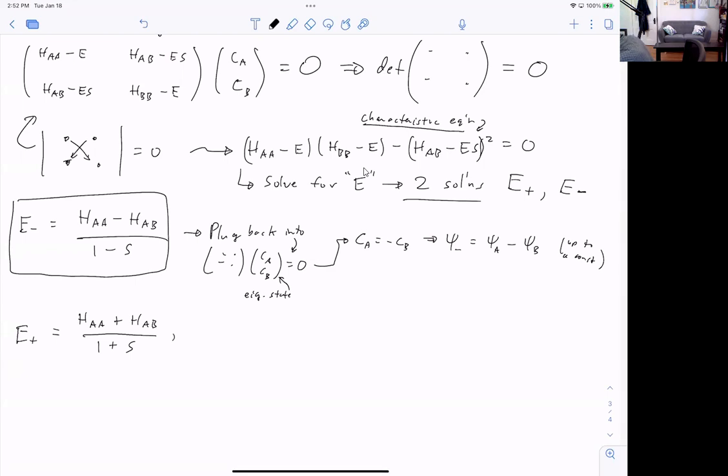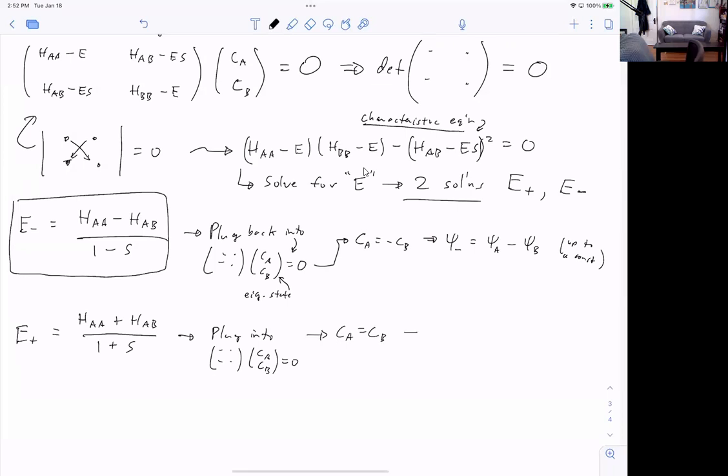And then you plug it back into the matrix, Ca, Cb equals 0. And what you get is that Ca equals Cb for this one.